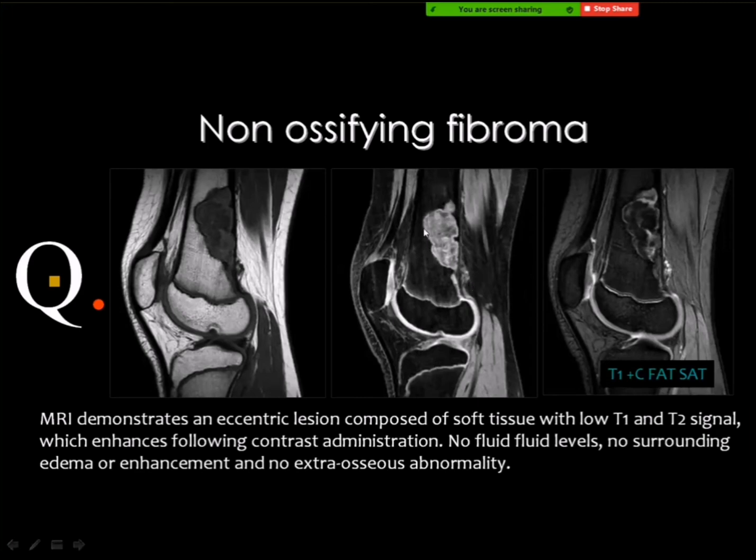But this lesion is based on the cortex. It does not cause any expansion of the bone, or even if it causes some slight expansion, you need to consider these two possibilities. But lesions that are not frequently seen in clinical practice usually need a biopsy to reach the diagnosis, and the chondromyxoid fibroma is one of these lesions.